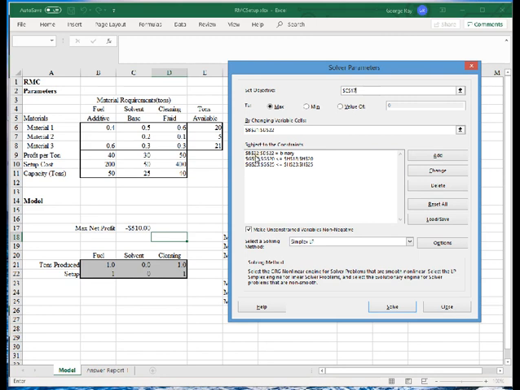B22 to D22, that's the setup indicators, are binary. In other words, they can be 0 or 1.